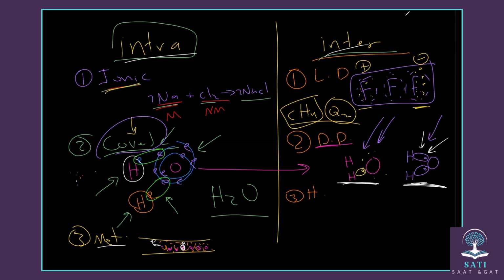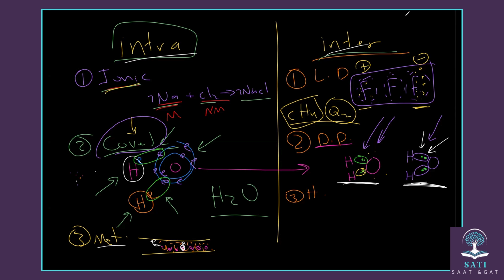So this pair of two electrons is going to be closer to oxygen, and a little bit far away from hydrogen. As a result of this attraction, what will happen? The electrons are closer to the oxygen, so it's like the oxygen has gained more electrons towards itself.